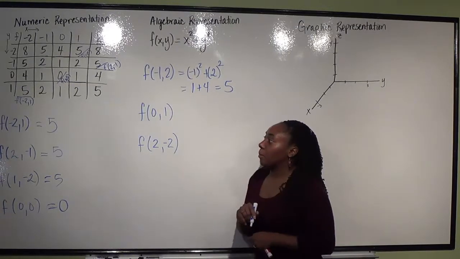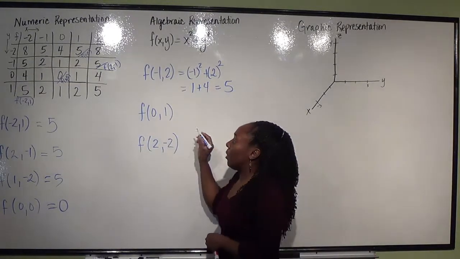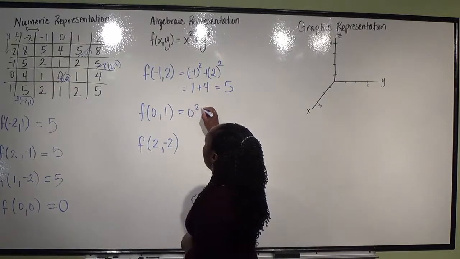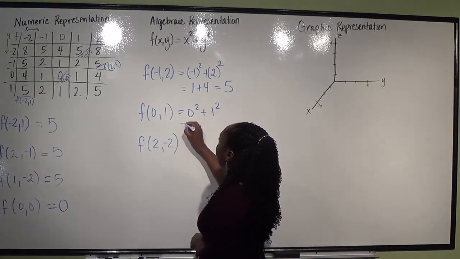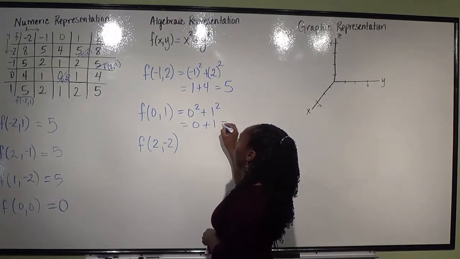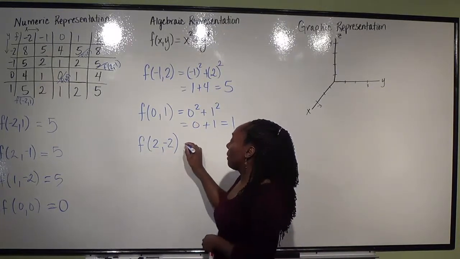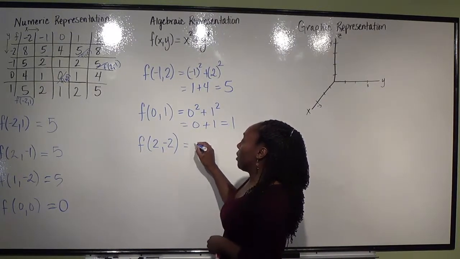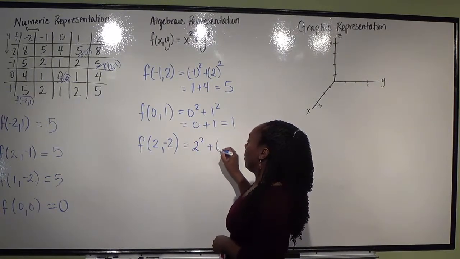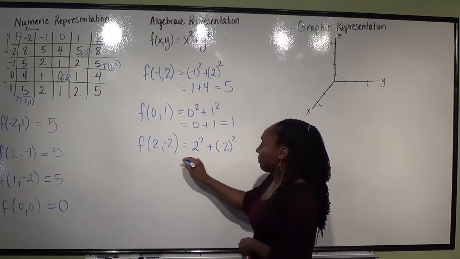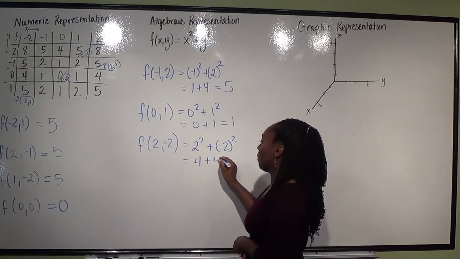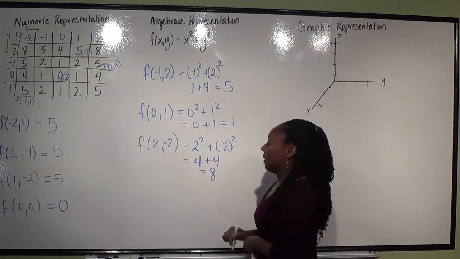Likewise, if I do f of 0, 1, I'm looking at 0 squared plus 1 squared, which looks like 0 plus 1, or 1. And lastly, if I look at f of 2, -2, 2 squared plus -2 squared looks like 4 plus 4, or 8.